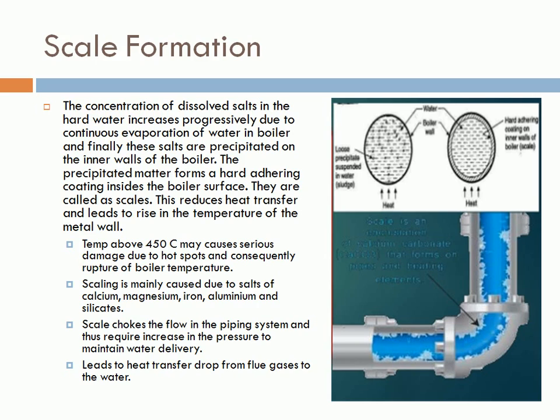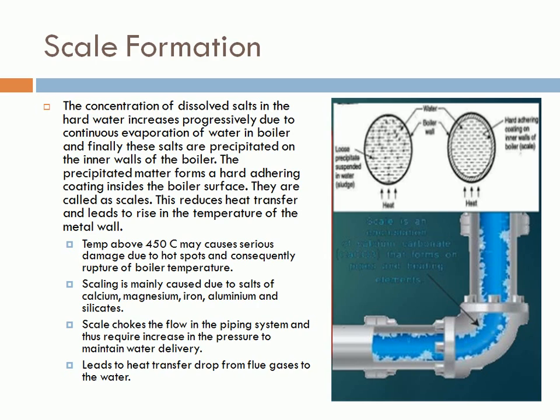So scaling is mainly caused by the salts of calcium, magnesium, iron, aluminum and silicates. This type of scale blocks the flow in the piping system and thus requires an increase in the pressure to maintain water delivery. If we decrease the area of a particular hose pipe, then definitely the pressure to maintain water delivery will need to be increased, right?